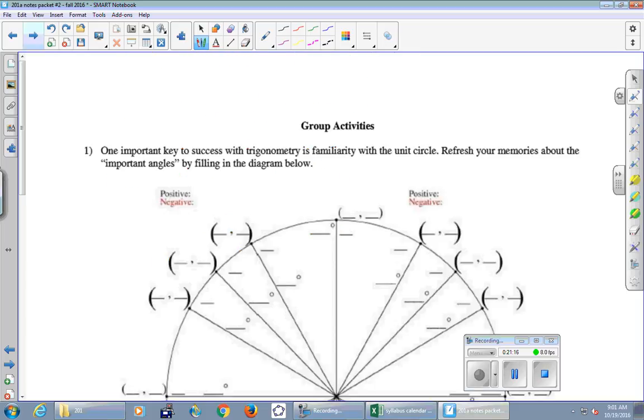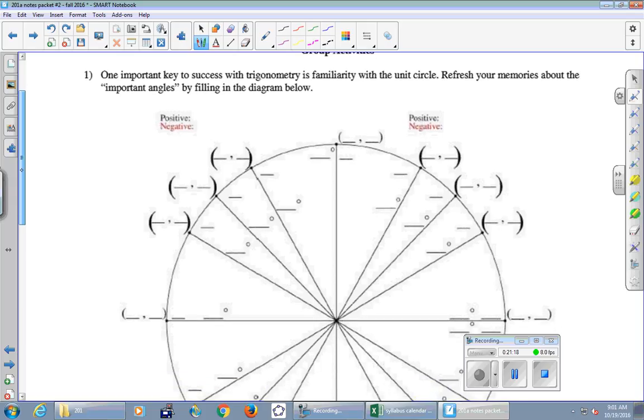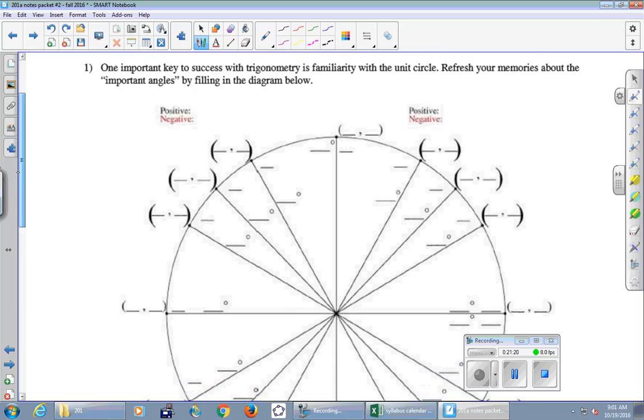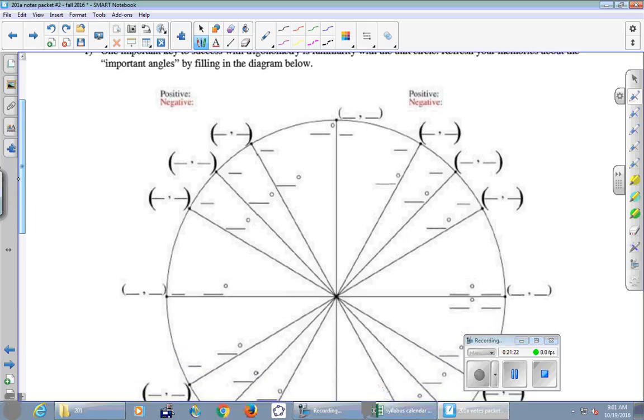So real quick detour into your group activities here. You guys recognize this guy, right? So let's fill in this first thing here. This first angle, how many degrees? 30. Put that in the first blank. In the next blank, it's the radian version of that same angle, pi over 6.